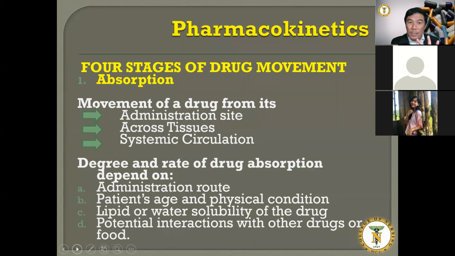So if you have seen the difference of the 3 routes of administration in terms of peak concentration level and half-life, that's why when you want immediate pain relief, obviously it is via inhalation.